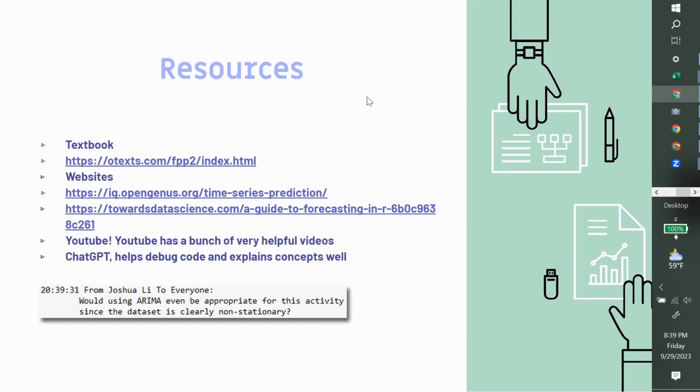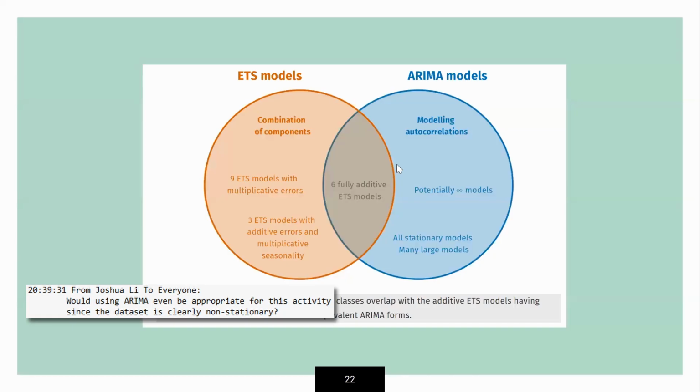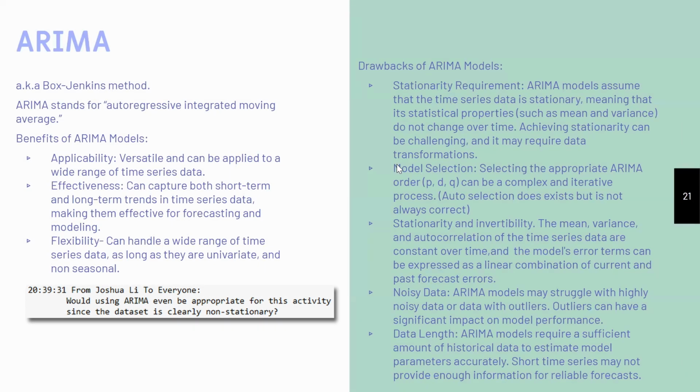Here's the thing: you can make a data set stationary and then use ARIMA, and that might be better. If you know how to make a data set stationary, it's very hard to tell which method will be better until you actually test it out.